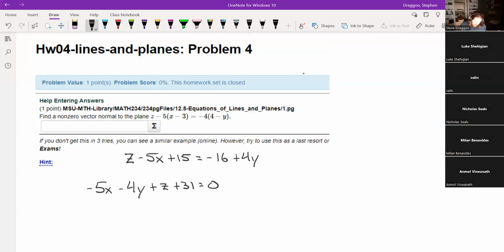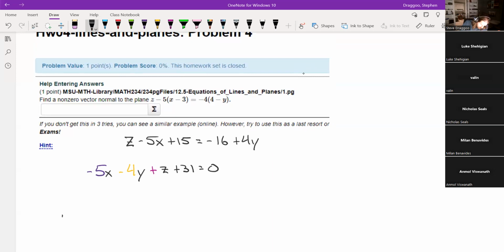Here we have it. And then I just need to pick out a normal vector, which means to get that normal vector without working too hard, I should just take the coefficients on each of x, y, and z and say that that's my normal vector. So n, usually use n for normal vector because n for normal. That thing is the vector.